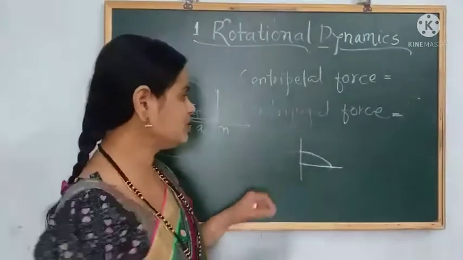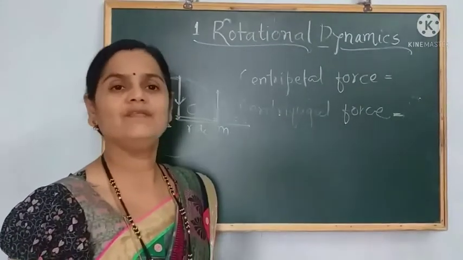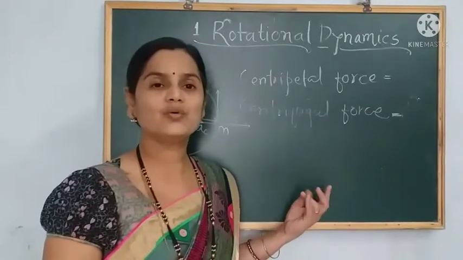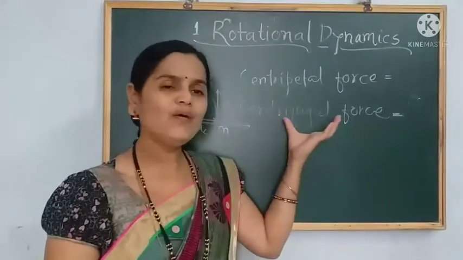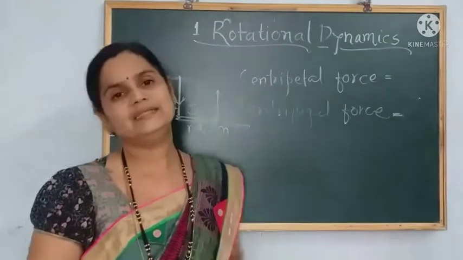So this is a most important example of the centrifugal force acting on the earth due to its circular motion, a pseudo force which acts along the radius and away from the center.